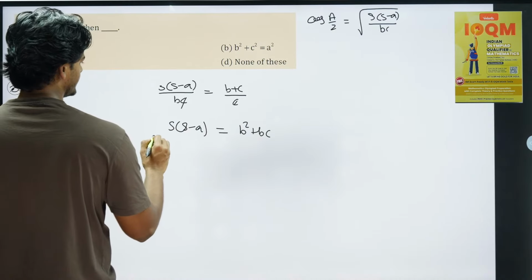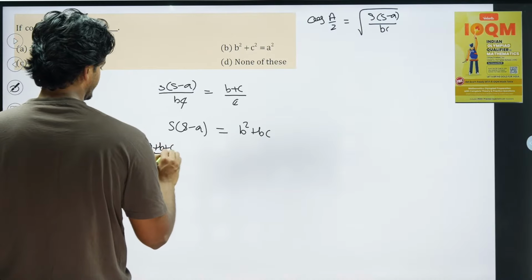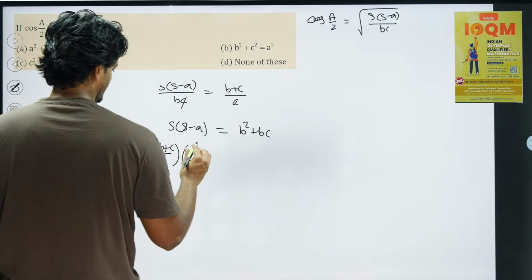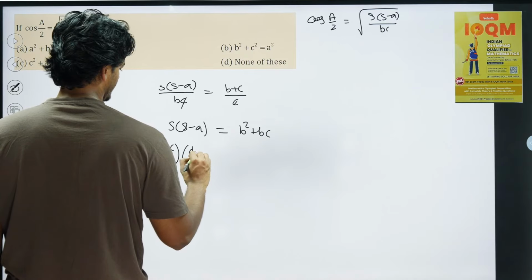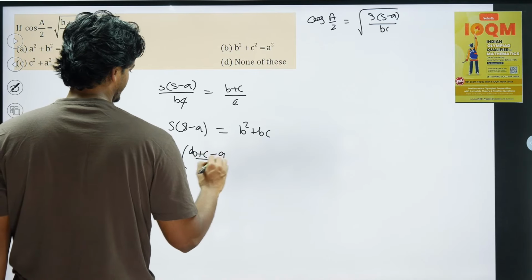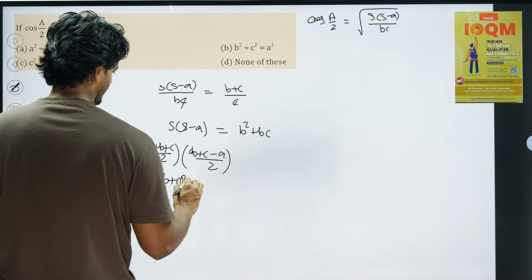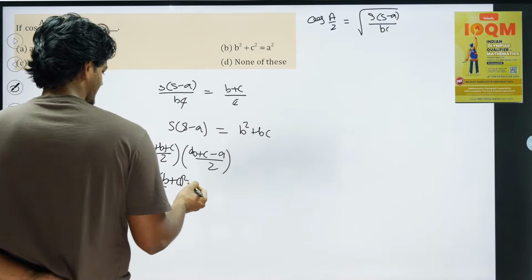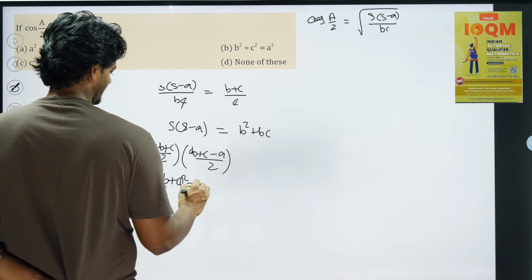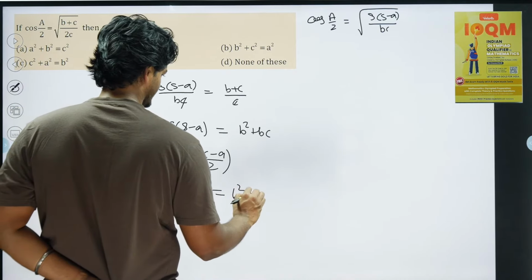So you expand this. This is (a plus b plus c) by 2, and (b plus c minus a) by 2. So (b plus c) whole square minus a square by 4 is equal to b square plus bc.